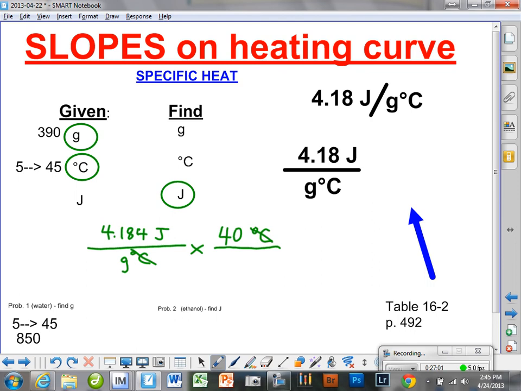And now, Daisy, what's on the bottom of this fraction? Now, this is not a ratio. This is a temperature change. What's on the bottom? This guy is not a ratio.